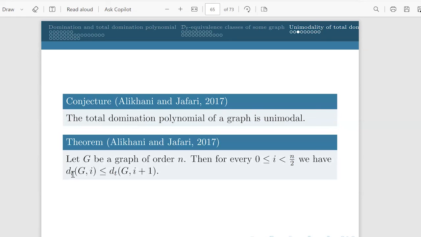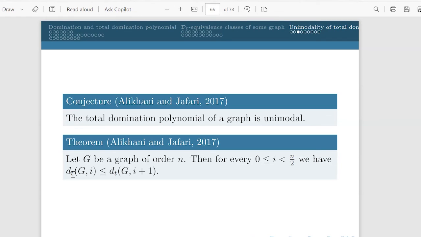Similar to the general domination polynomial, this inequality for D is true. We have again this inequality for the number of total dominating sets of G. So for every i between 0 and half n, we have this inequality, but we do not know about i greater than or equal to n over 2.